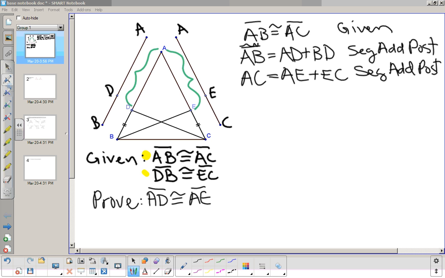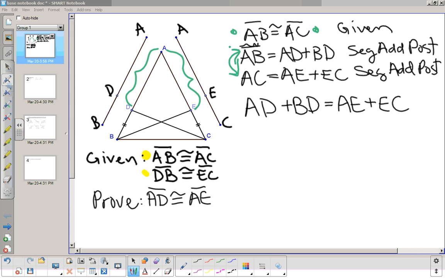Since I know that AB and AC are congruent, right? I can use transitive or substitution to now set AD plus BD equals AE plus EC. Now here's the thing. I'm going to highlight what we're looking for, AD, right? And I want that to be equal to AE.